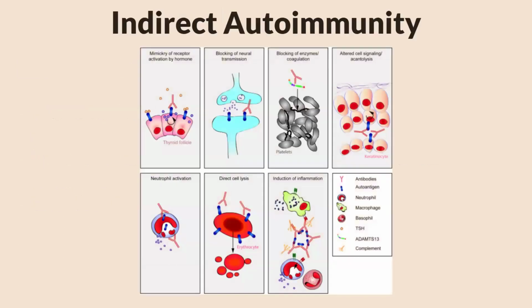Okay, and then indirect autoimmunity. So that's that really, really dense paper that we covered. I think that the two major ones, you'll have access to the paper during the exam. But keep in mind that this thing also exists: autoimmune disorders that are caused indirectly by autoreactivity.